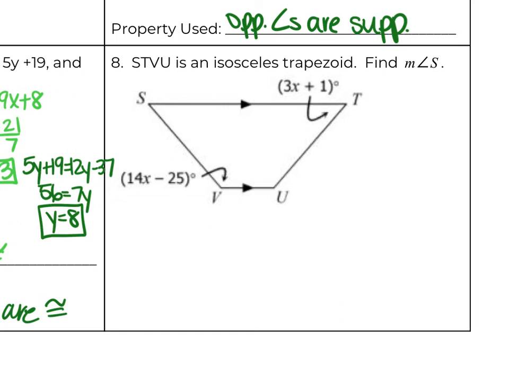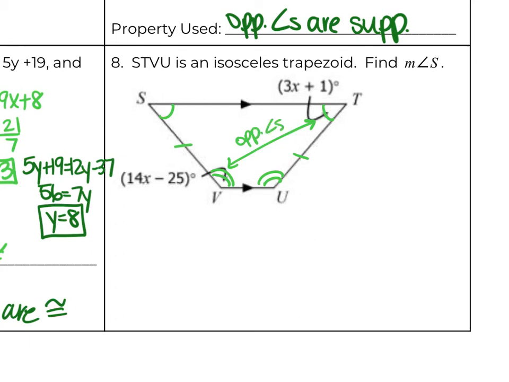Okay, number 8. STVU is an isosceles trapezoid. So that tells us that our legs are congruent, base angles are congruent, and the other set of base angles. Okay, we're looking for S for our final, but we gotta start off and find x. So we have T and V, which are opposite angles, meaning they are supplementary.